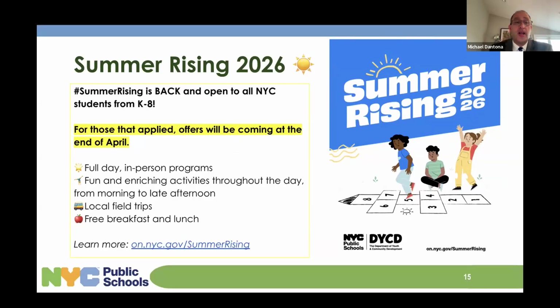Summarizing, as you know, the window has come and gone. The 27th of March was the last day. All of our folks that did submit an application should expect to receive something back in April as to whether or not they've received acceptance into the Summer Rising program. As I've said in the past, if you do receive an acceptance letter, you will be asked to either accept or decline.